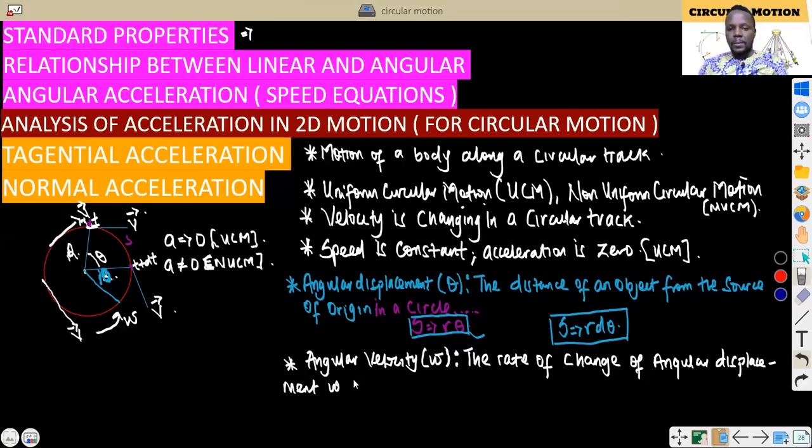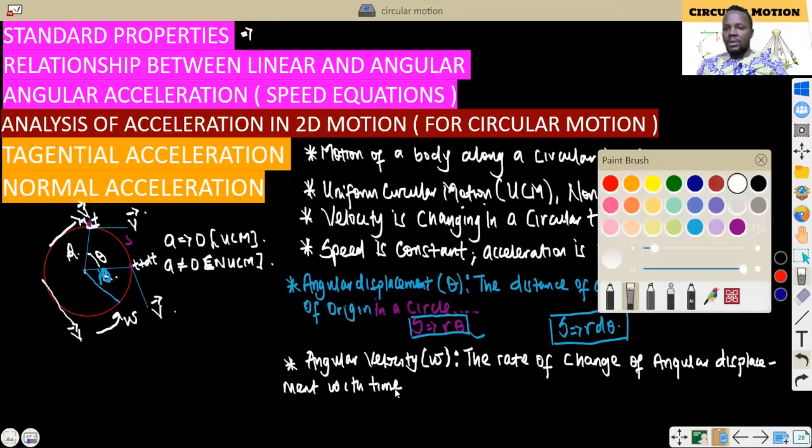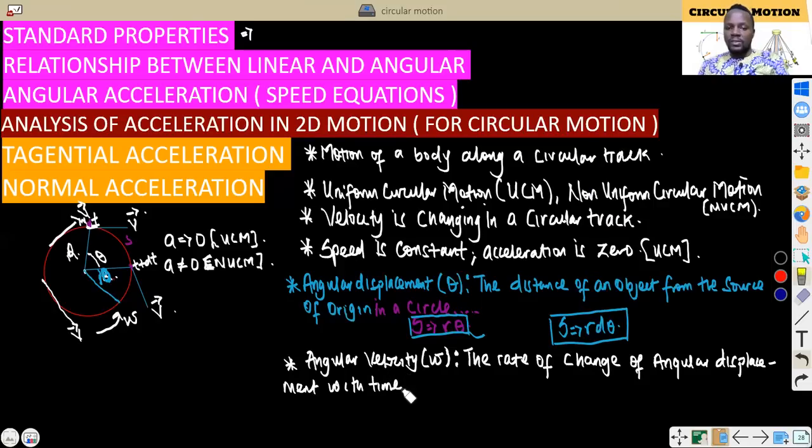The rate of change of angular displacement with time is what we call the angular velocity. So you can keep that at the back of your mind. For understanding's sake, we say angular velocity omega is the rate of change of angular displacement, dθ by dt. So this is the way we relate that in terms of definition.